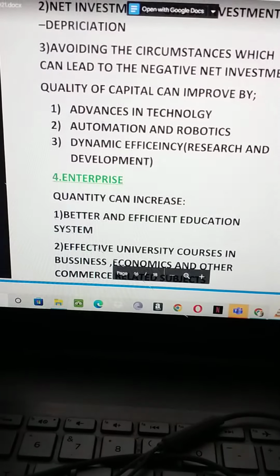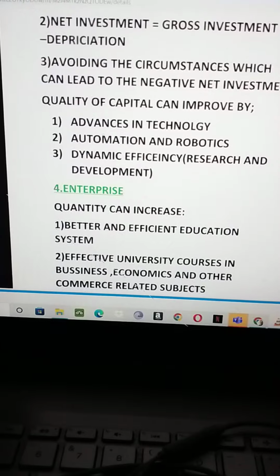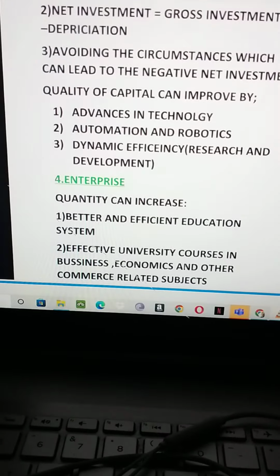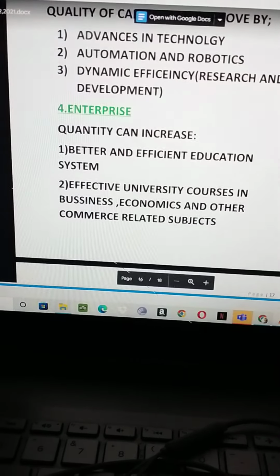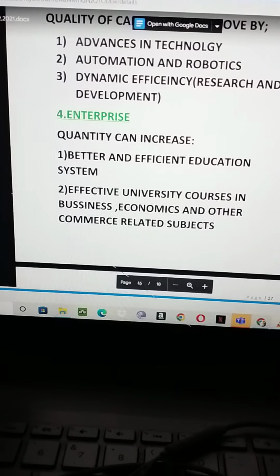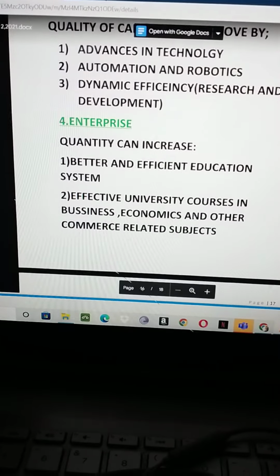All these things which are coming to your mind, where you can help the entrepreneurs, will definitely increase the number of people who are interested in doing some sort of business.